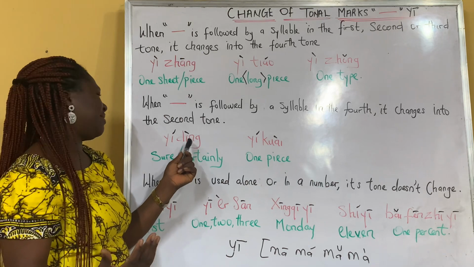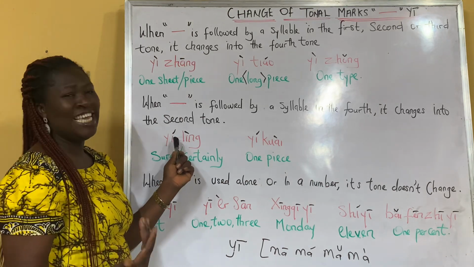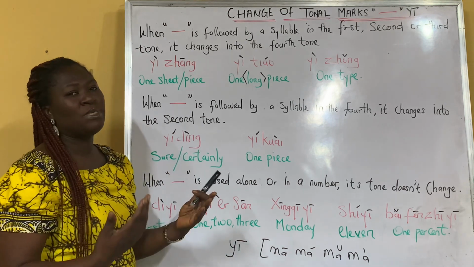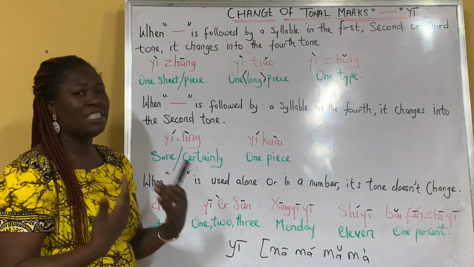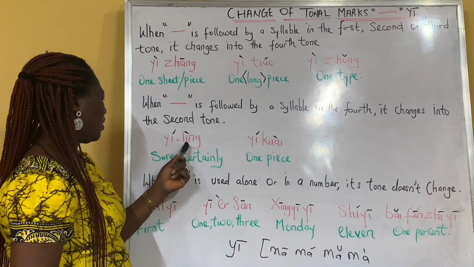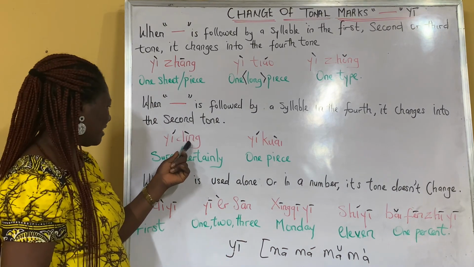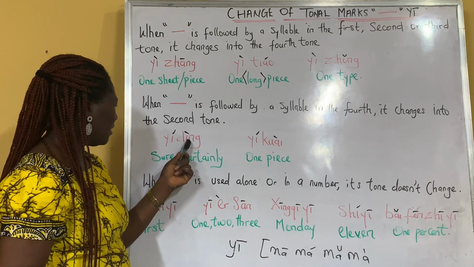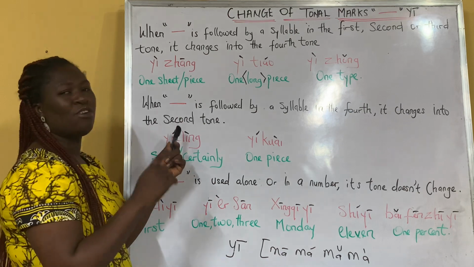I know most of us who speak Chinese have sometimes said this without knowing the reason why. This is the reason now: dìng is in the fourth tone. According to our rules, that's why it changes to the second tone.